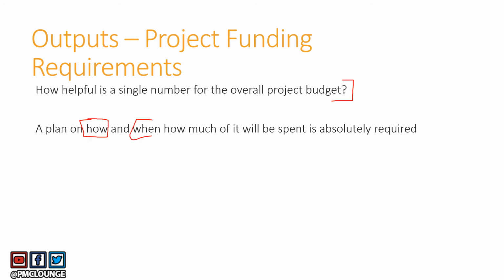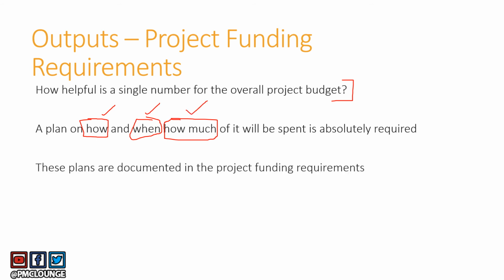How, when, and how much of the $100,000 project budget that you have will be spent is absolutely required. So you need a plan of how, when, and how much of the project budget will be spent. Now, these plans are documented in the project funding requirements, and that is what makes project funding requirements so important.